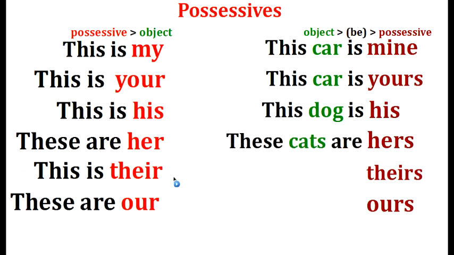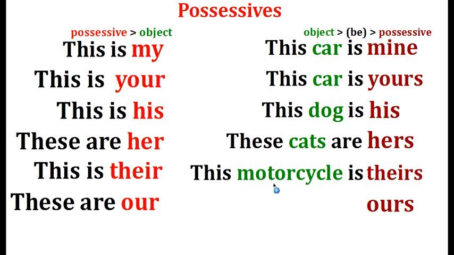This is their motorcycle. Or with this possessive, theirs, this motorcycle is theirs. Again, the object is first, the possessive with the S finishes the sentence. Good. The last one, these are our things. Or these things are ours. Again, the object and the possessive at the end.